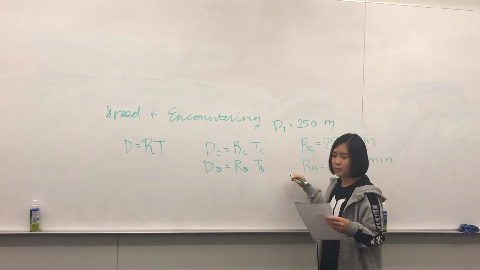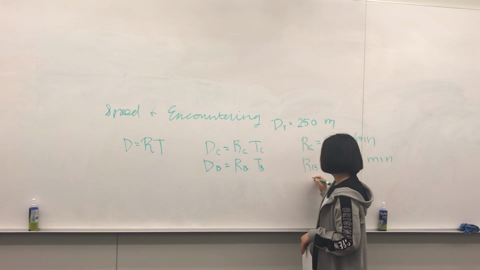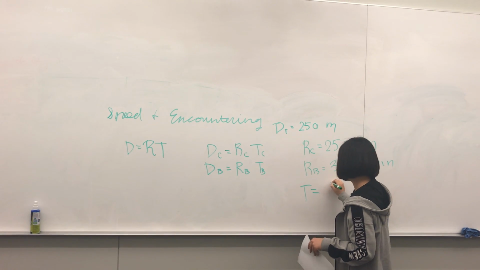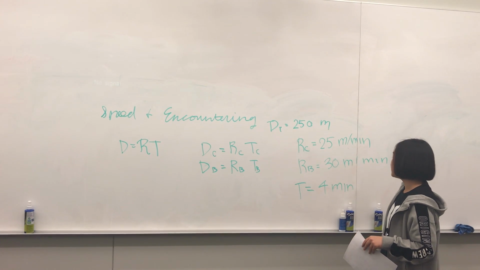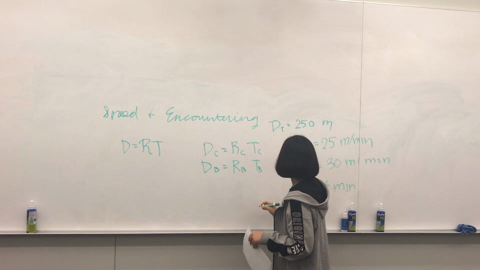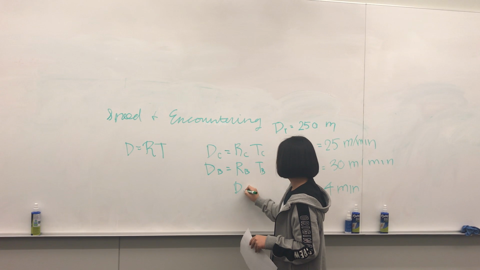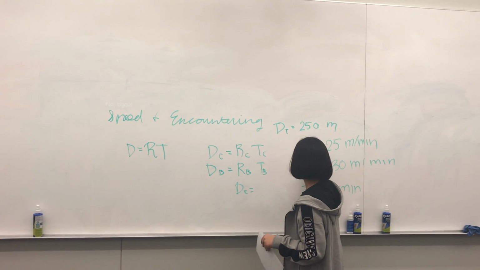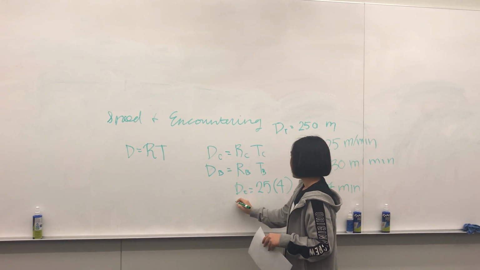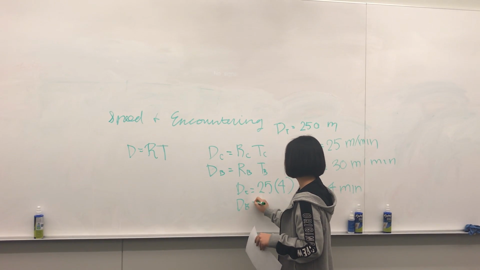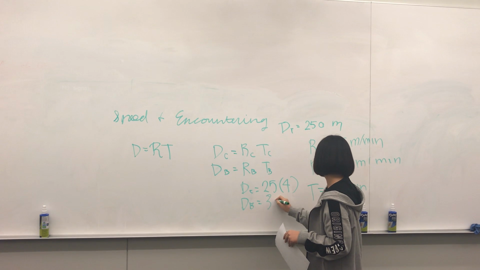So how far were they apart after 4 minutes? So we know that both their times are 4 minutes. So now all we have to do is plug these into the equations. So dc is equal to 25 times 4, and db is equal to 30 times 4.